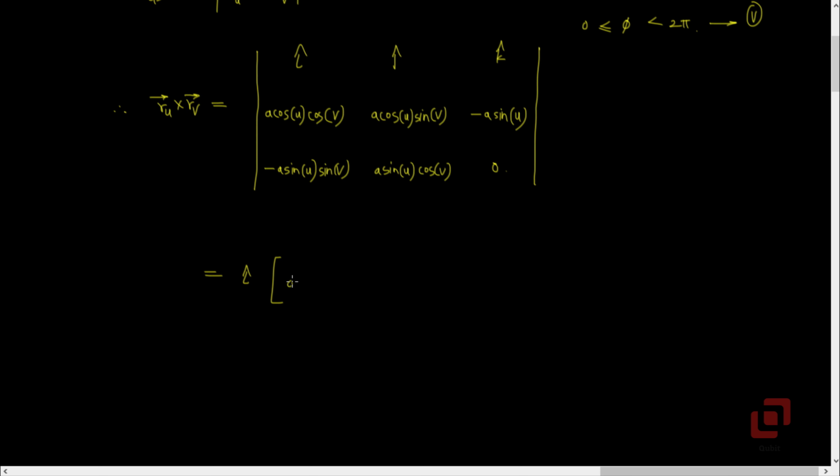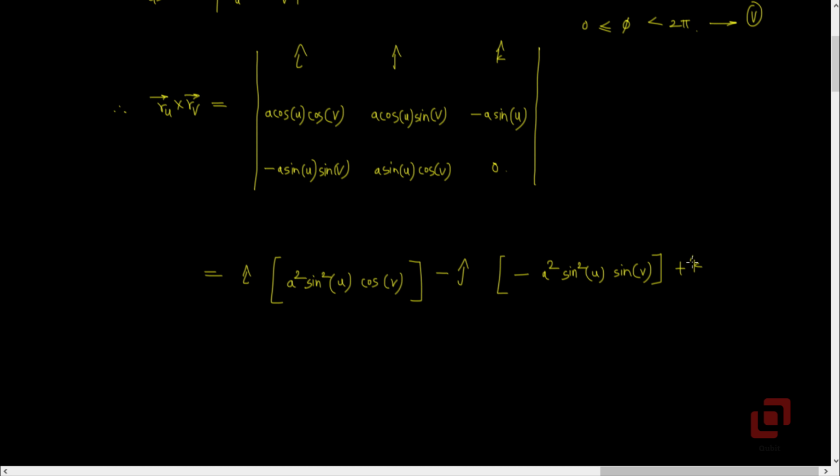That will be a squared sin squared u cos v minus j cap into a cos u cos v into 0 minus a sin u into minus a sin u sin v. So that will be minus a squared sin squared u sin v.